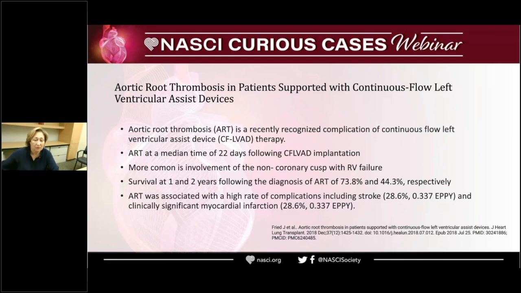Actually, a couple of cases, and one of those that I referenced down here came from Texas Children's Heart Institute, and I think the Texas Heart Institute published another case a while ago, also with a review of the literature.